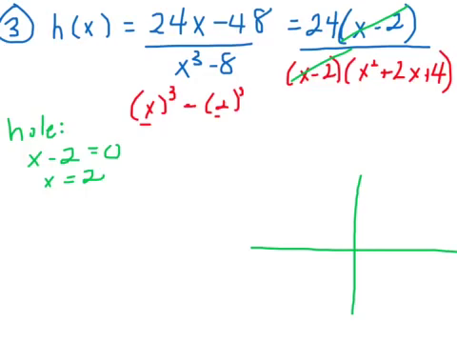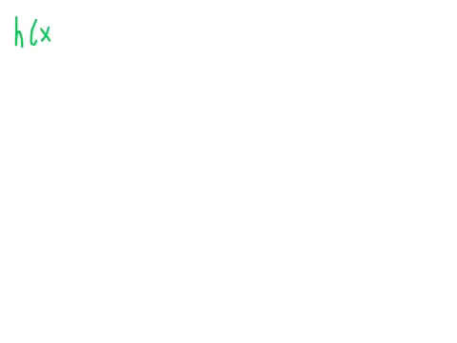It asked me to show that the denominator of the simplified fraction is never equal to 0 for any real value of x. If I can't factor it, the only thing I can do with that is use the quadratic formula. So I'm going to go to a new slide. So here's what I've got left. I had h of x is equal to 24, and wasn't that x squared plus 2x plus 4 on the bottom?